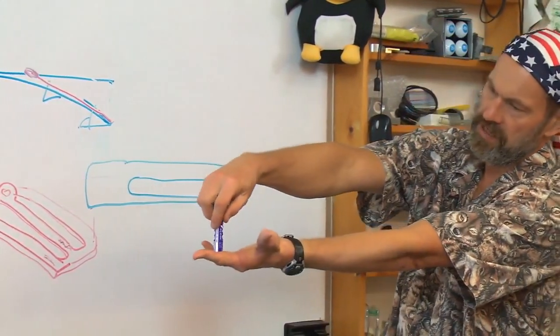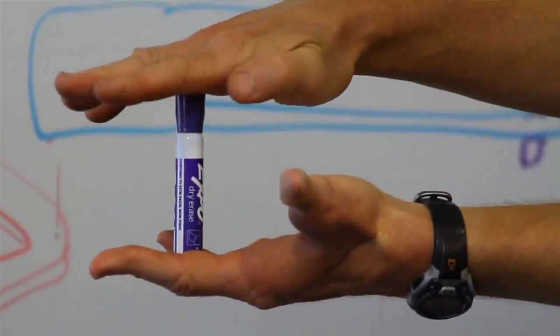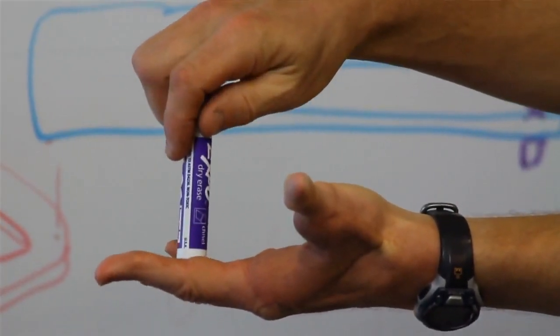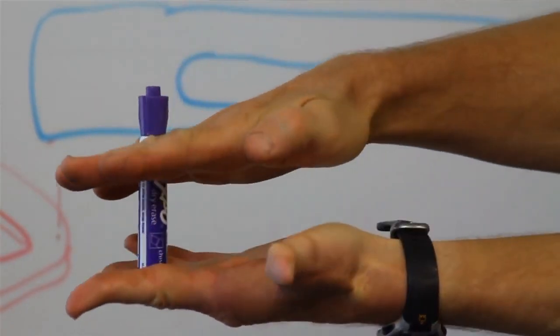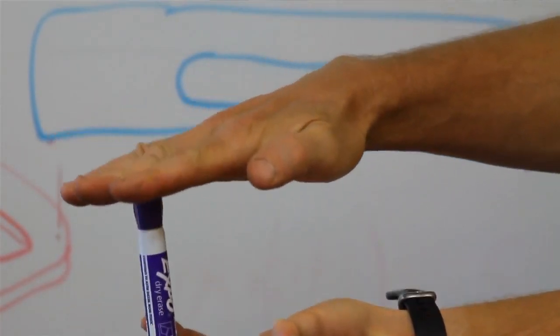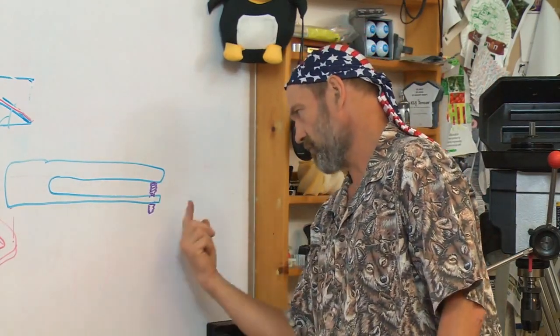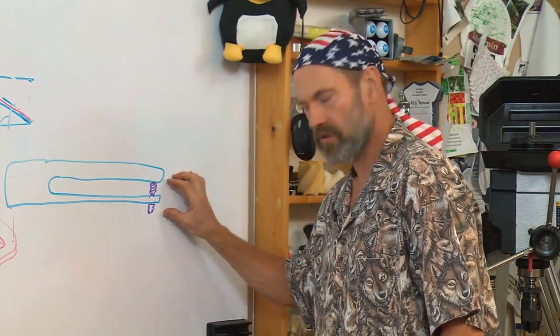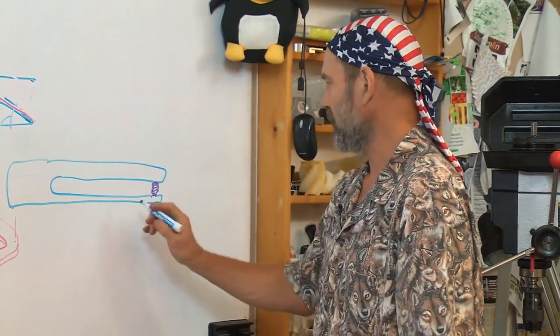So now I've got these two beams. As I push on the screw, I start like this, and now I'm going to lengthen the screw. It's going to pry these two apart as I tighten the screw here. And these beams will now spread apart.